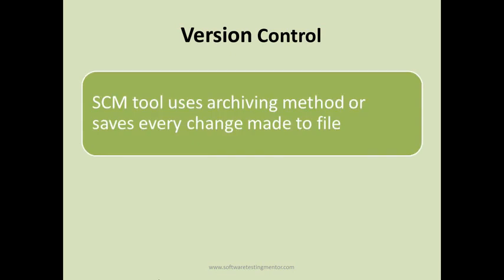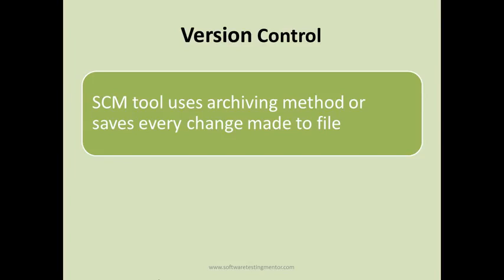So SCM tools use an archiving method or save every change made to a file. So how version control is done in software configuration management is by saving the changes, or archiving the previous version of the file that is present in the software configuration management tool.